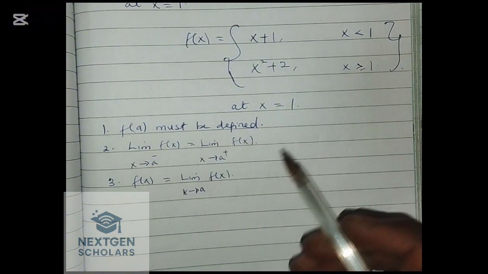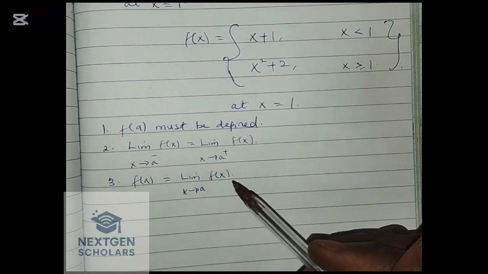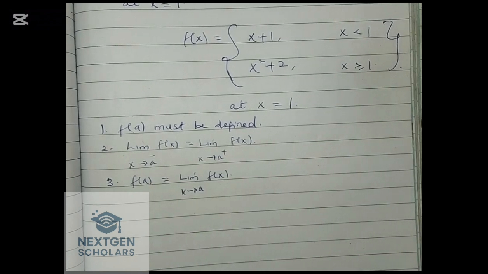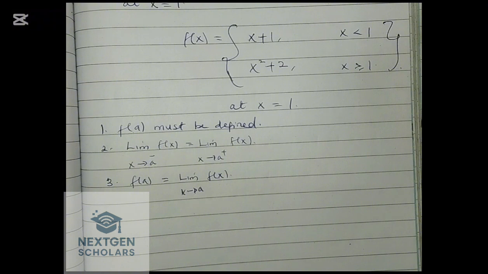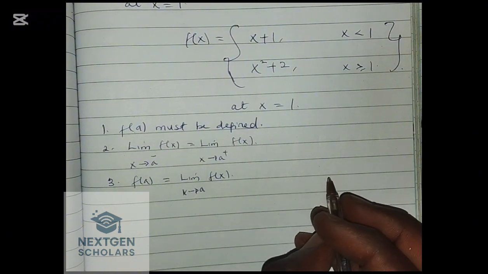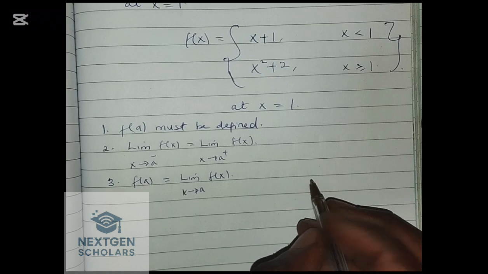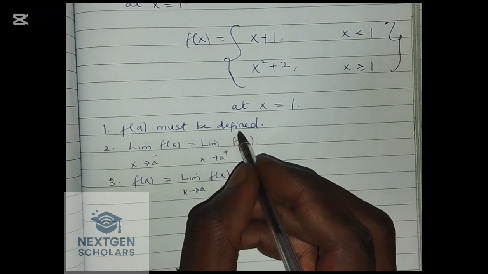Now in the last lesson we discussed what we call removable discontinuity. When do we say a discontinuity is removable? It is when the limit exists but the function is not defined at a. The limit of the function exists, but f of a is not defined.